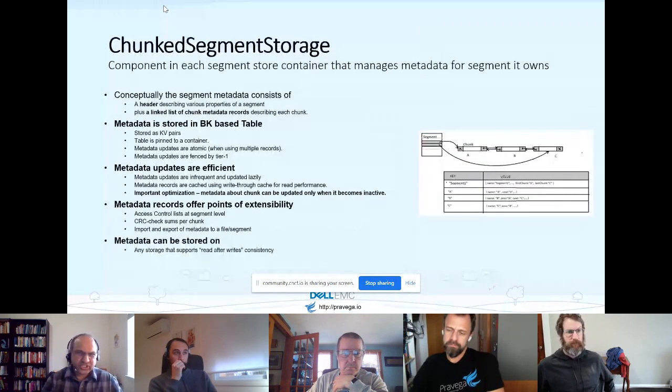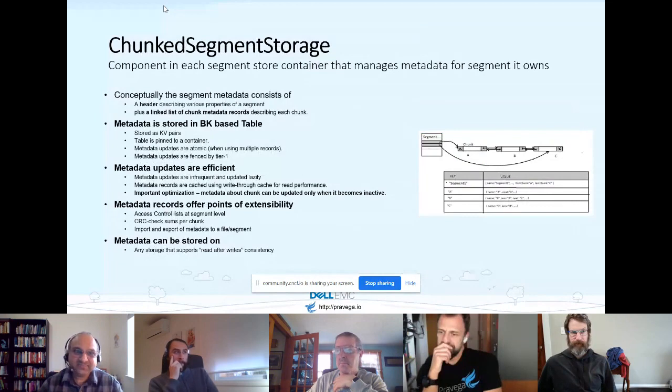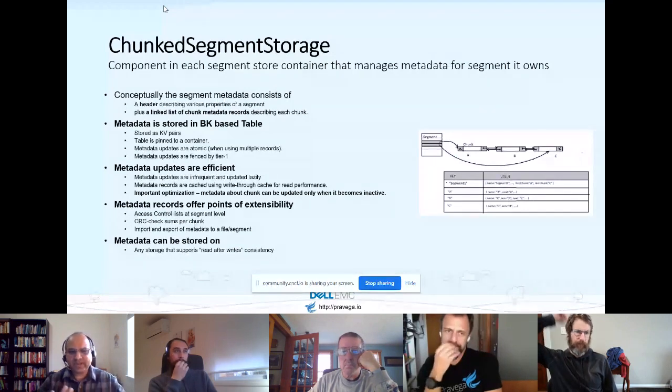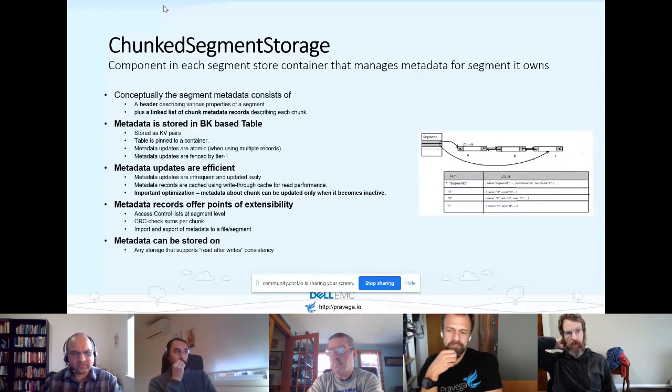So chunk segment storage is the component which we like to call SLTS, Simplified Long Term Storage. The key point of this design is that we are separating data from metadata. The metadata about the chunk is stored in a separate table-based metadata store.